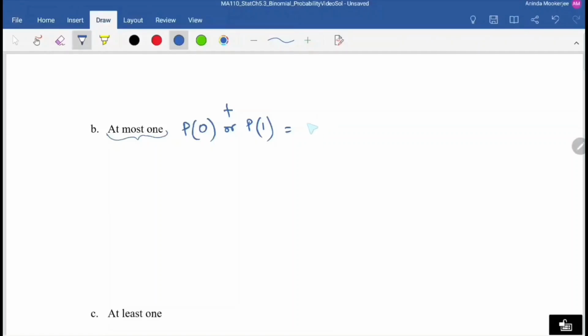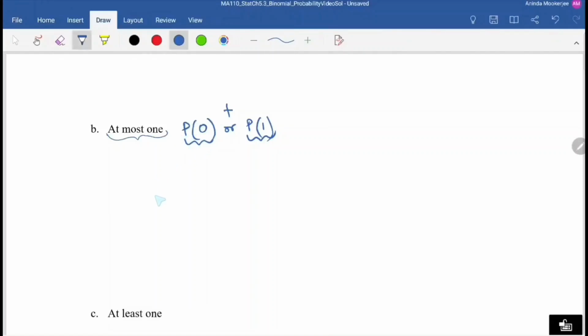So the way we are going to write this is 3 combination 0, 0.8. Let me work it below. So we have to find probability of 0, we have to find probability of 1, and then add them up together.